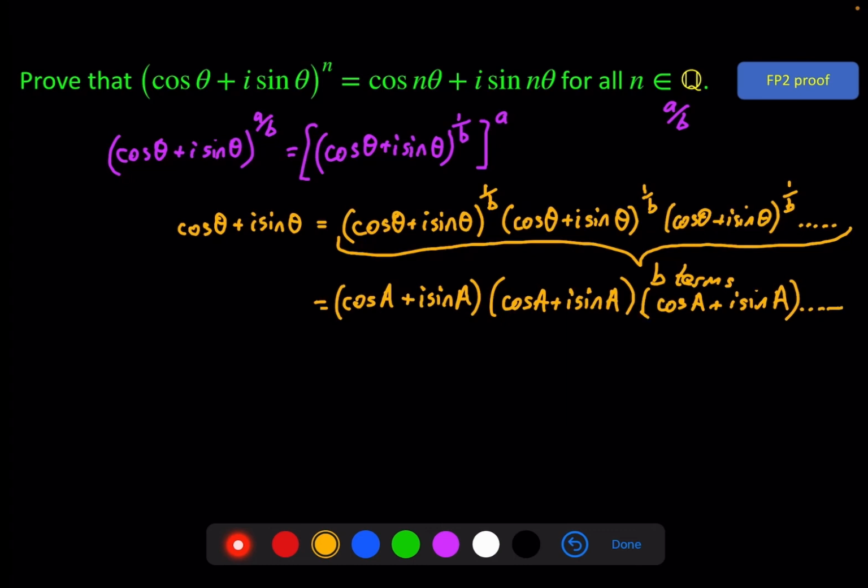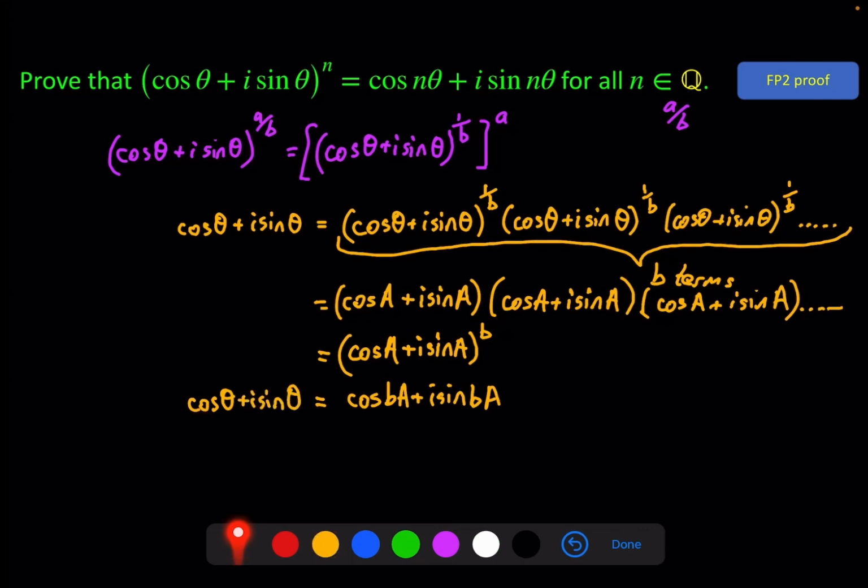And of course, if there are b lots of them all multiplied together and they're all the same thing, then this must be this complex number, whatever this complex number is, to the power of b. And again, b in this case is just an integer. So we can apply this knowing that it is true for integers. But it still has to equal cos theta plus i sine theta.